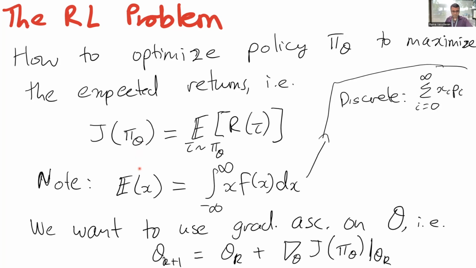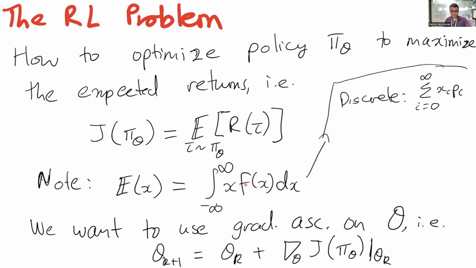So some definitions here, which you probably already know. If you don't know, it's relatively straightforward. What is this expectation here, this funny E? Well, the expectation of the variable x is just defined as the integral of x times f of x dx, integrated through the domain. And in the discrete case, it is the weighted average.